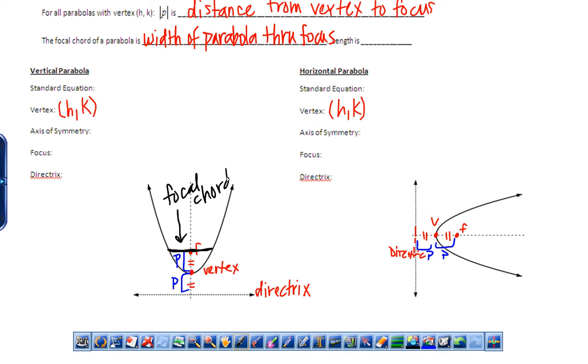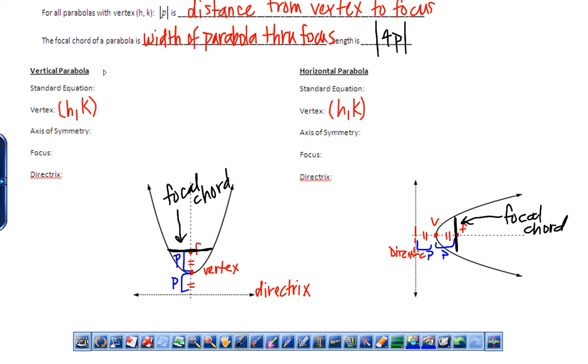I know I'm giving you lots of information right now. In order to find the length, you're going to do the absolute value of 4p. Every time I'm doing the absolute value, I'm saying that because you can't have a length or a distance that is negative. So that will always be positive.